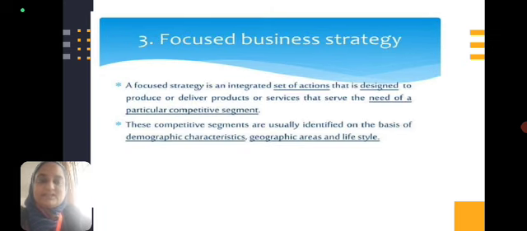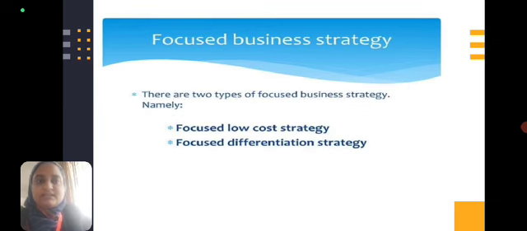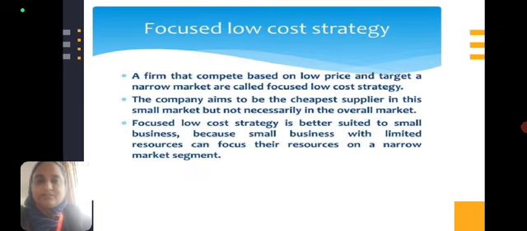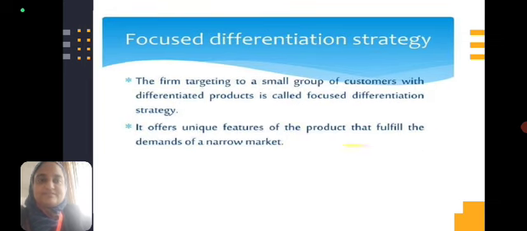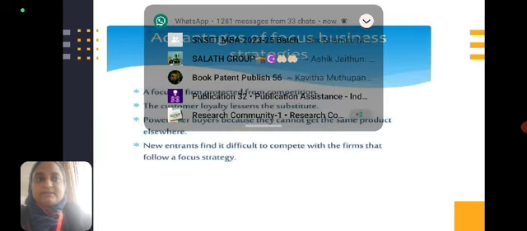Focus business strategy focuses on particular competitive segments, which is the need of the hour. And how would you focus a business strategy? Focus on low cost, focus differentiation strategy, and the quality and the quantity of the product also play a vital role here. Let us see how the firm is going to carry out all these things.